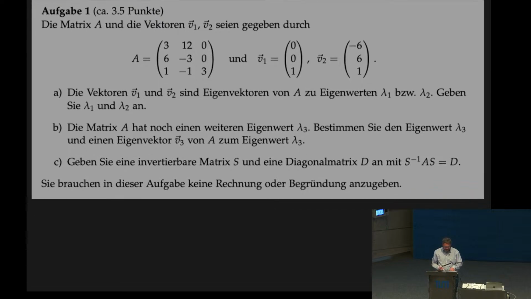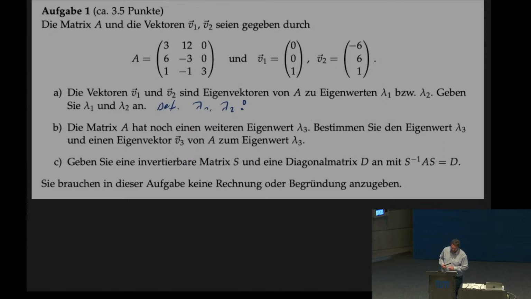You have a matrix A, this one here, and the vectors V1 and V2. And now it claims the vectors V1 and V2 are eigenvectors, so the German word is Eigenvektoren. I think that's easy to translate. Of the matrix A with eigenvalues, this is the German word for eigenvalues, lambda 1 and lambda 2. And the question is, determine lambda 1 and lambda 2.